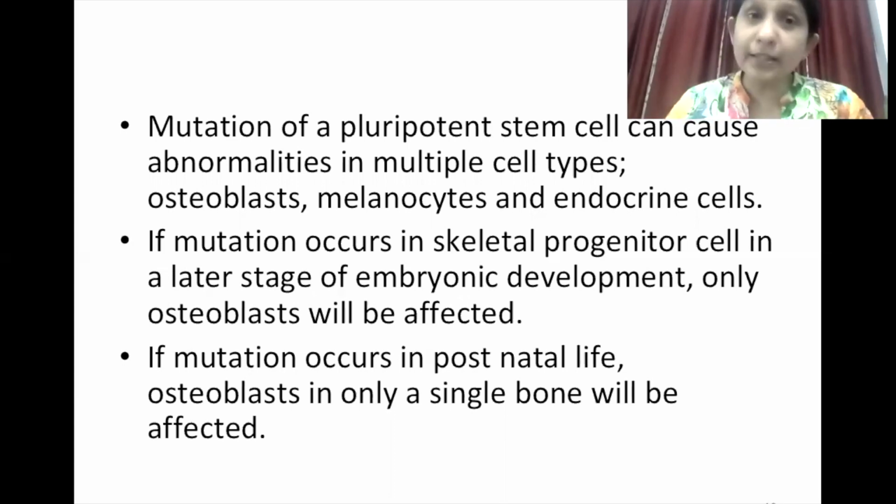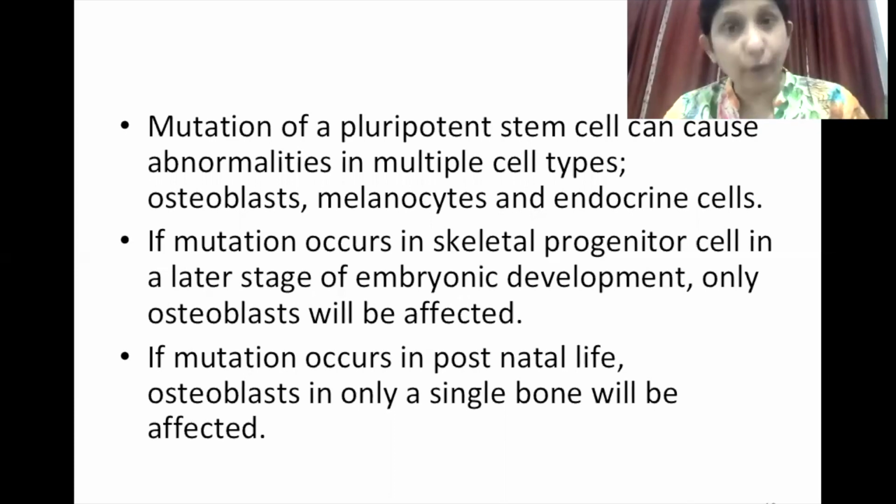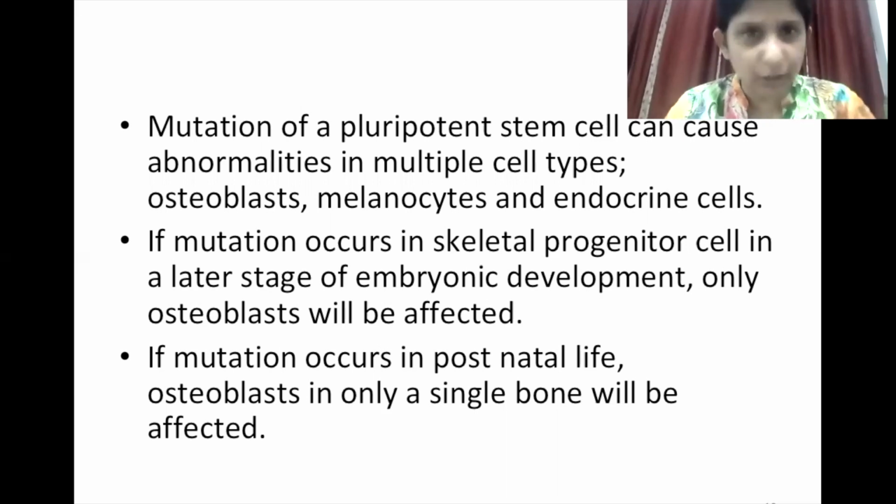A pluripotent stem cell is basically an undifferentiated cell which has the ability to transform into various other types of cells in case of need. For example, the pluripotent stem cell can, in need, transform into an osteoblast and give rise to bone. It can even transform into a fibroblast and give rise to fibers. It can basically become any type of cell and give rise to a mature tissue.